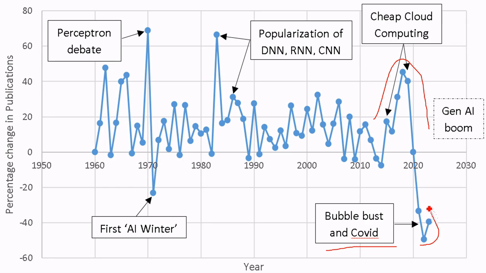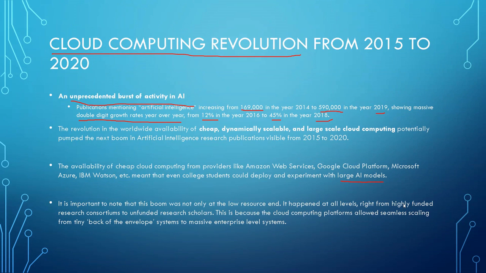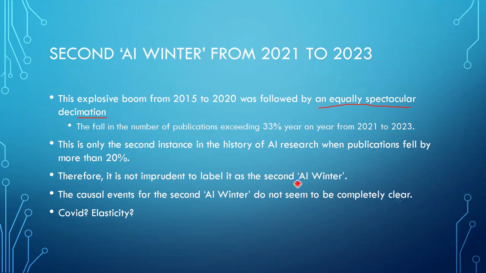These 3 years, 2021, 22, and 23, the growth rate was highly negative, less than even minus 20%. And the reason for this is not completely clear, and it is not widely recognized as an AI winter.